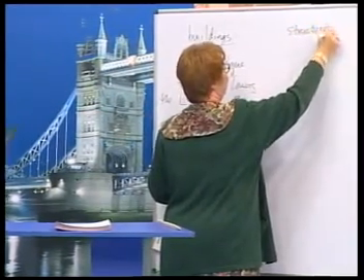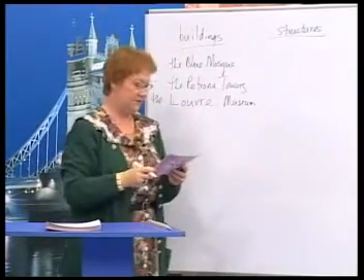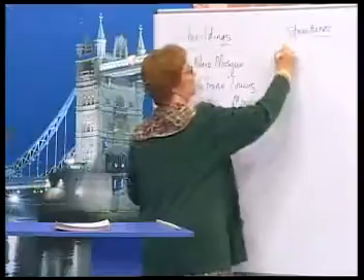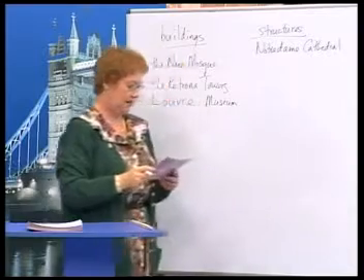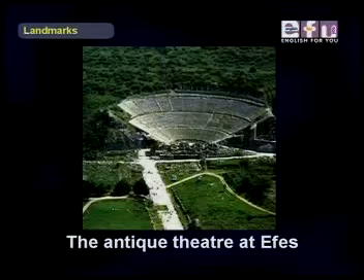Okay, now let's do some structures. So these are kind of like buildings, but a little bit different. Isabel, you start. Notre Dame Cathedral. Yes, Notre Dame Cathedral. A cathedral is like a big church. Okay, Ali? The Antique Theater at Efes. Yes, the Antique Theater at Efes.